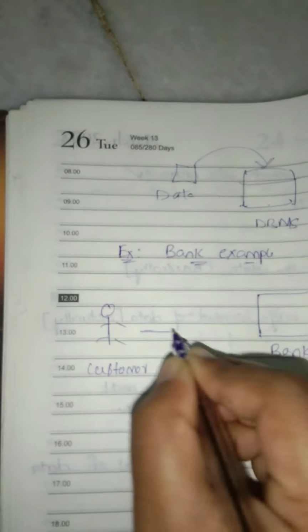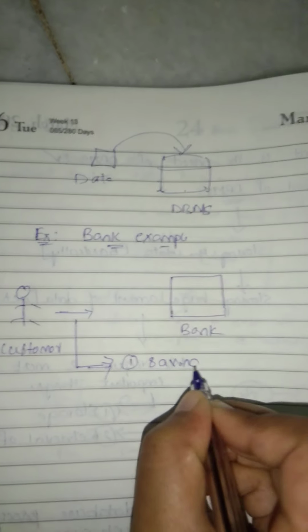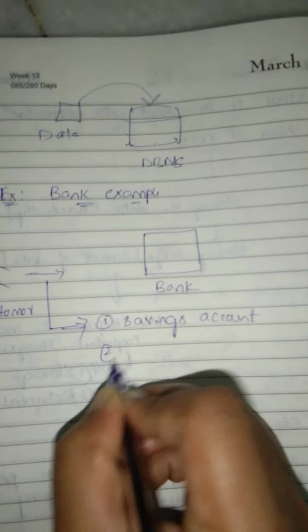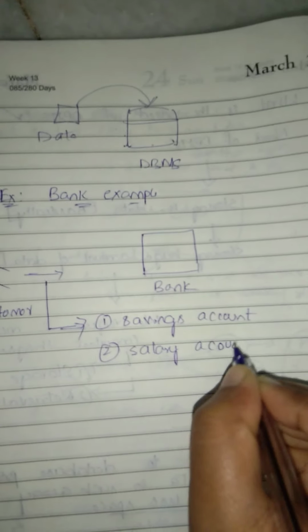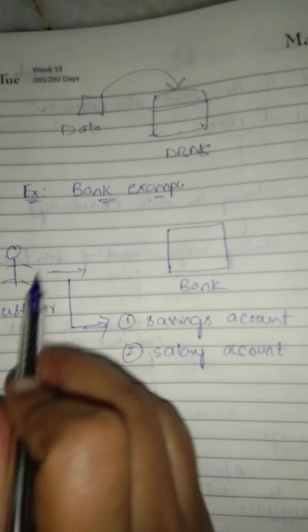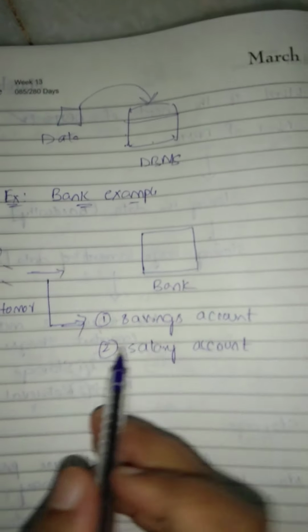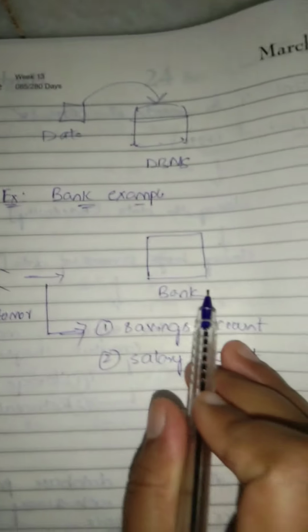He told the bank service that he wanted to take two accounts: one is a savings account, and the second one is a salary account.